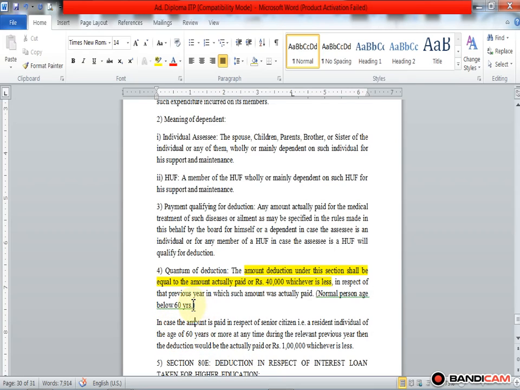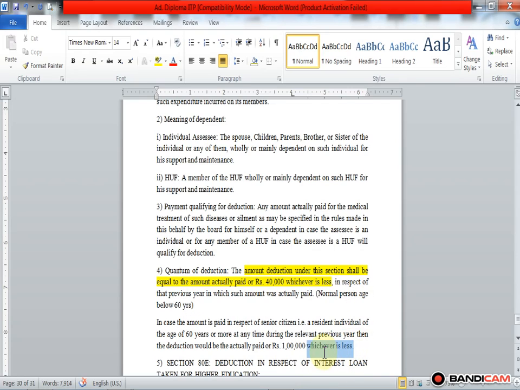Now we have studied deductions in respect of senior citizens under section 80DD. In case the amount is paid in respect of a senior citizen, that is a resident individual of the age of 60 years or more at any time during the relevant previous year, then the deduction would be the actual expenditure incurred or rupees 1 lakh, whichever is lower.